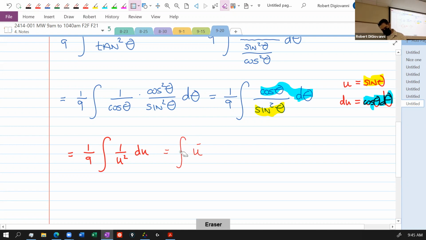I forgot the 1/9. 1/9 integral u to the -2 du. So the antiderivative of that should be -1/9 u to the -1 plus c.